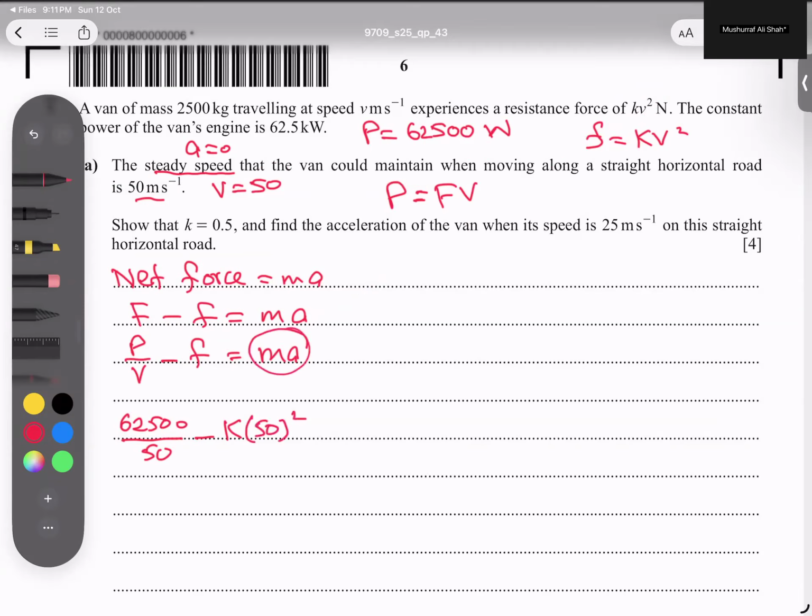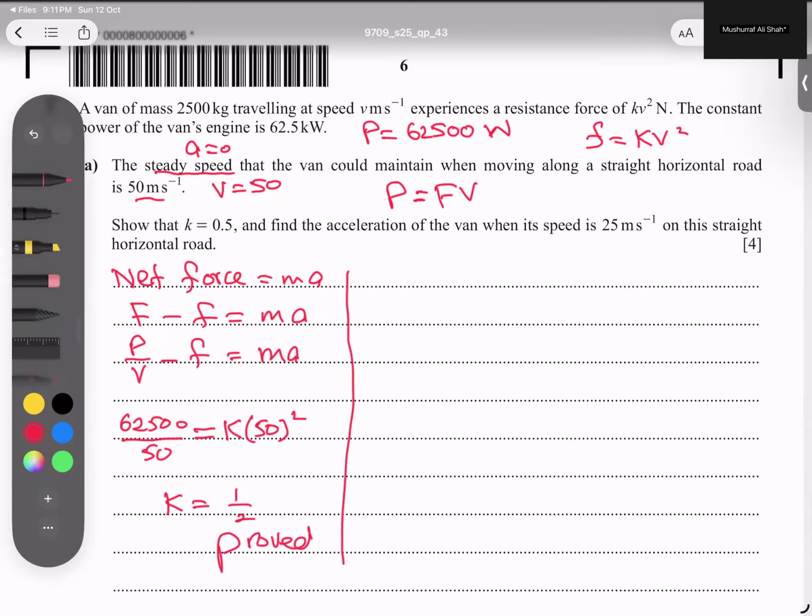Bringing friction to the other side, now I solve in calculator: 62500 divided by 50, and again divided by 50 squared. And k value becomes half. Proved. So this part is completely over.